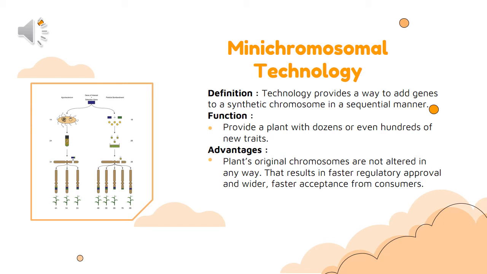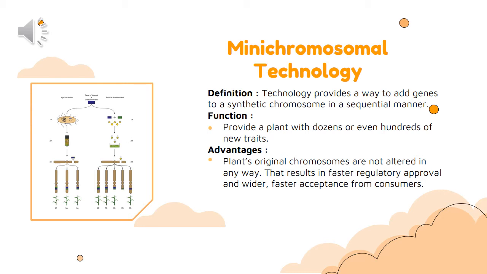A mini chromosome is a small structure within a cell that includes very little genetic material but can, in layman's terms, hold a lot of information. So, mini chromosome technology provides a way to add genes to a synthetic chromosome in a sequential manner.